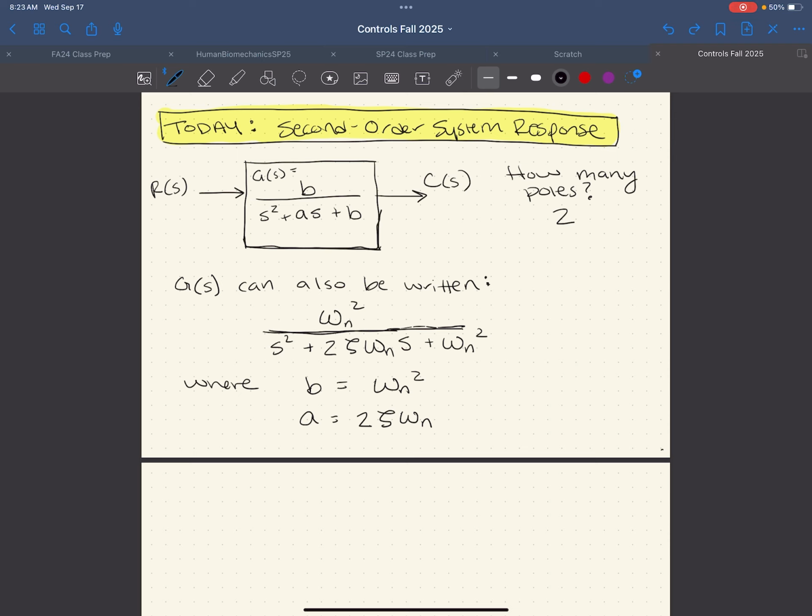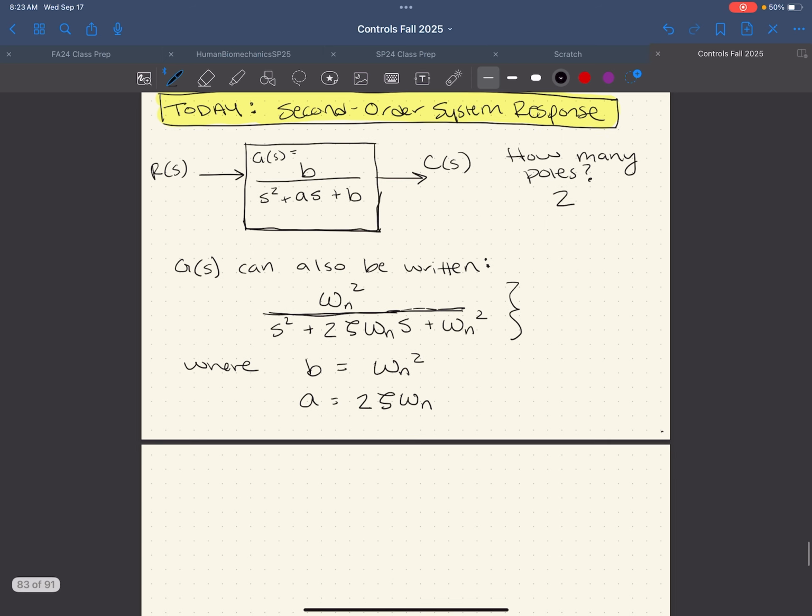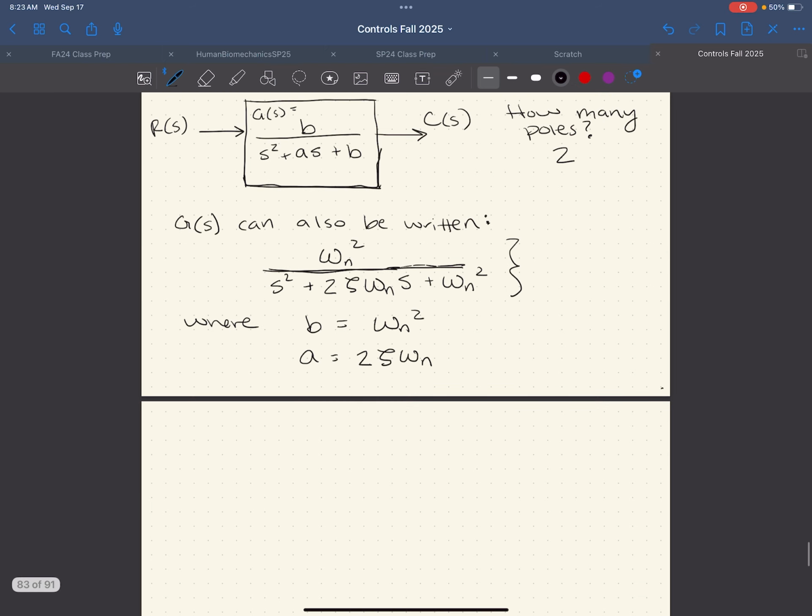The reason that I write it this way is because these values of omega n and zeta have very clear control over the behavior of a second order system. And we're going to dive really deeply into what happens as omega n changes, or better yet, what is omega n and what is zeta.